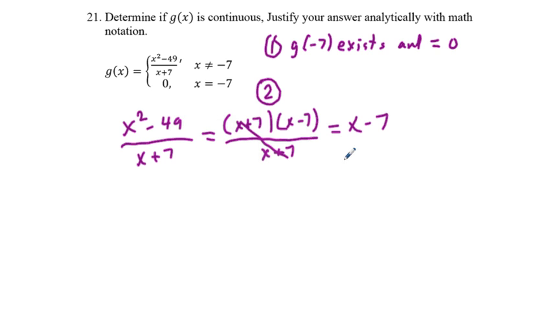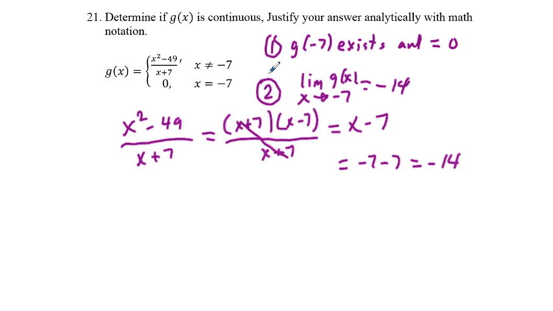If we plug in negative 7, we have negative 7 minus 7, which equals negative 14. So we say the limit as x approaches negative 7 of g of x equals negative 14.